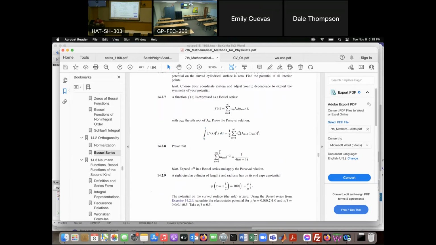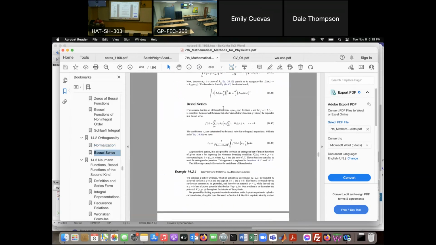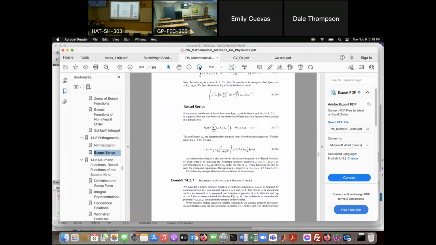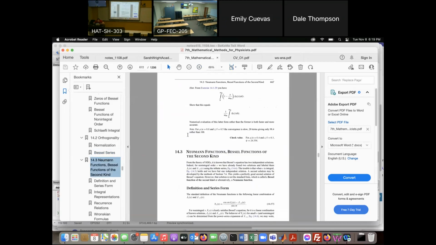And as for this, okay, so now we go back to a formula for Bessel series coefficients.